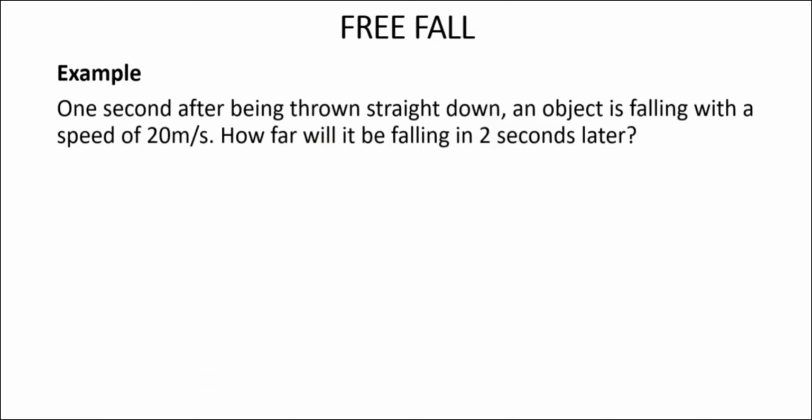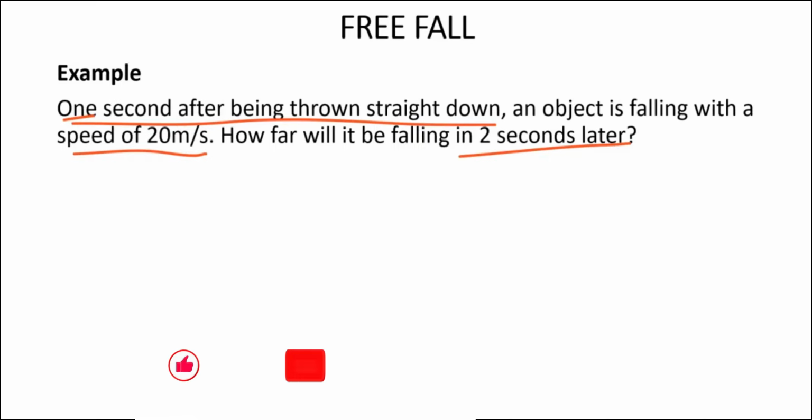So here we have: 1 second after being thrown straight down, an object is falling with a speed of 20 meters per second. How far will it fall in 2 seconds? So looking at this, we are looking for how far it will fall in 2 seconds. That's what we're looking for, the final velocity in this case.